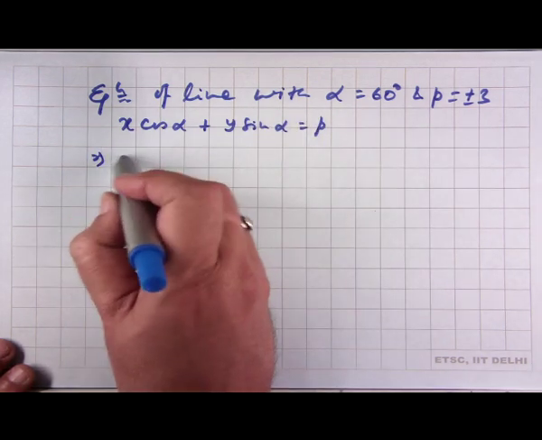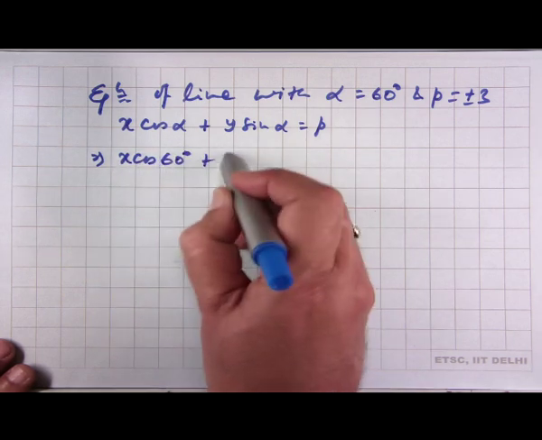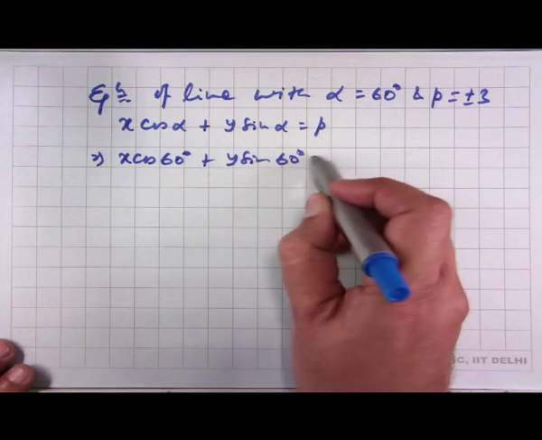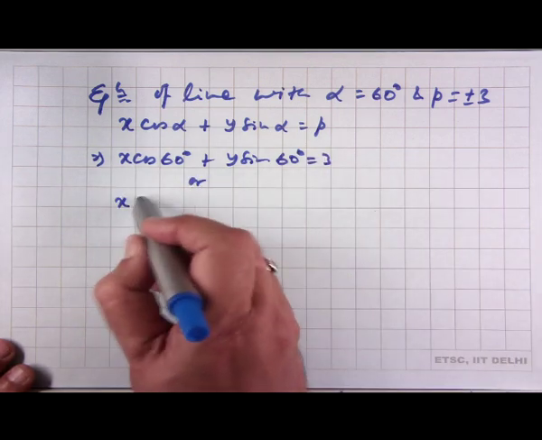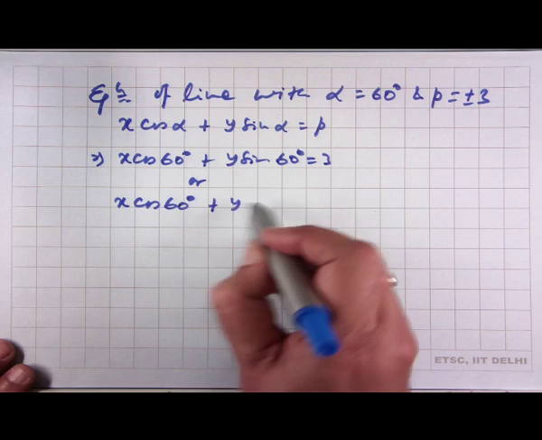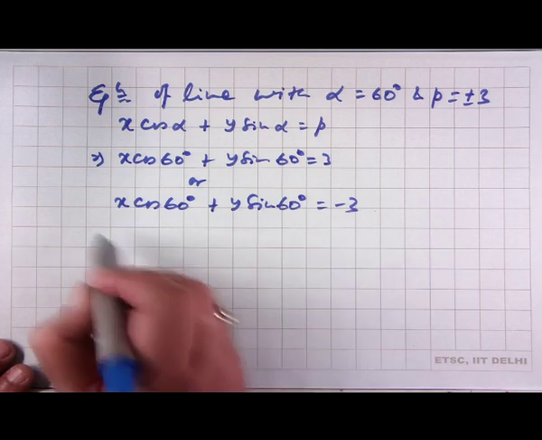This implies x cos 60 degree plus y sin 60 degree equal to 9, or x cos 60 degree plus y sin 60 degree equal to minus 9.